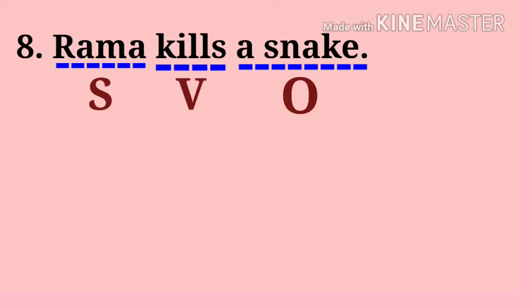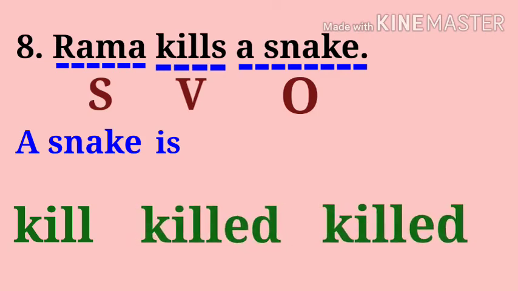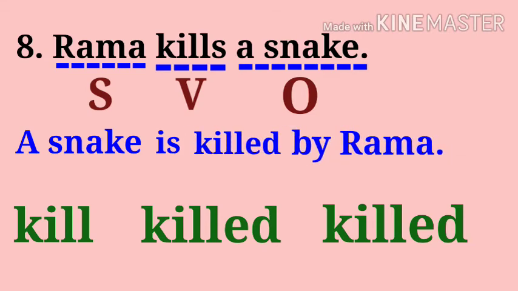The given sentence is in simple present tense. A snake is singular, so you have to use is. Okay. A snake is, and see the three forms: kill, killed, killed. You have to use killed. A snake is killed by Rama.